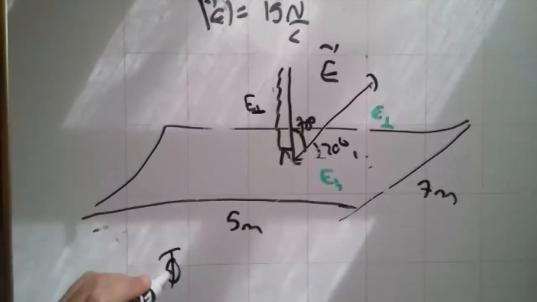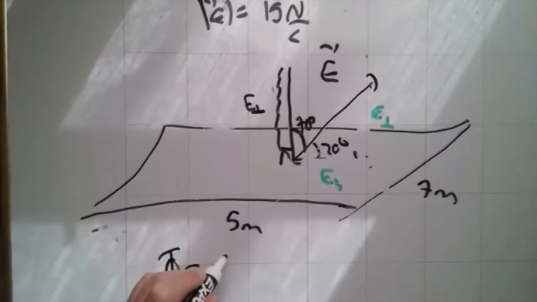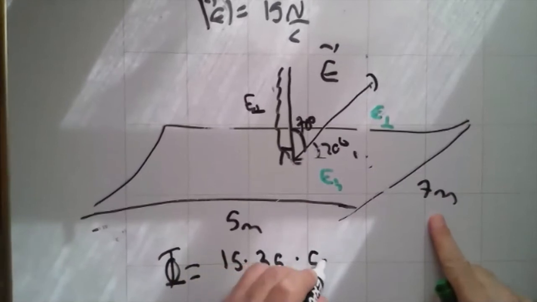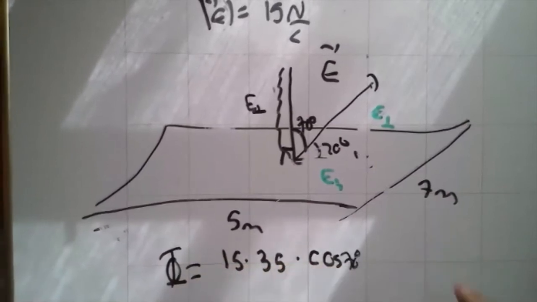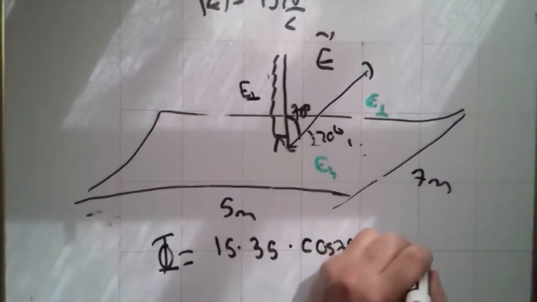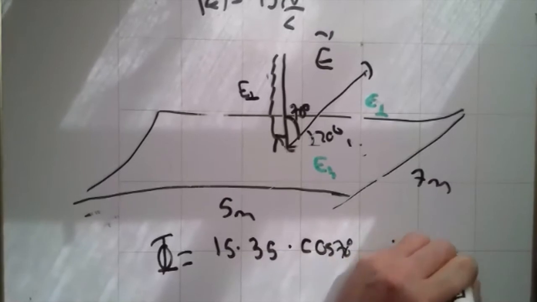So the flux through that surface would be magnitude of E times my area, which would be 35, times the cosine of 70. And then we just plug all that in the calculator. Make sure you're in degree mode. This would be in newtons per coulomb times meter squared.